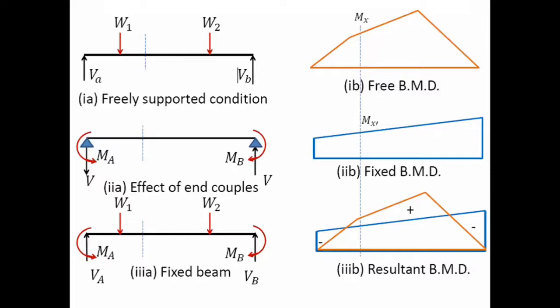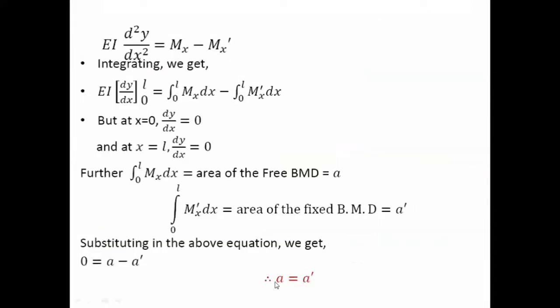It means the external work done in the form of the bending moment diagram, the free BMD, is equal to the internal work done in the form of the fixed BMD. This is external work done, this is internal work done, both are equal. It means equilibrium is obtained, and we have equated both as opposite to each other, so the net addition is 0.